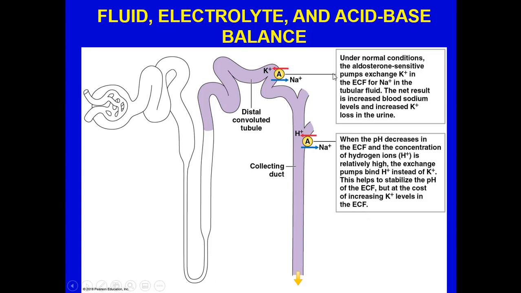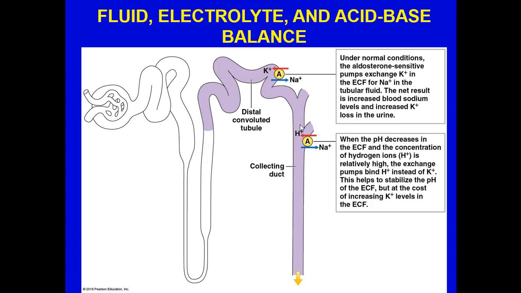Now, notice that not only do you have an aldosterone sensitive pump exchanging the potassium for the sodium in the tubular fluid, but it will also do such in the collecting duct. But here in the collecting duct, instead, you're not exchanging sodium and potassium, you're exchanging sodium, got to be the same charge ion here, and hydrogen ions, okay?